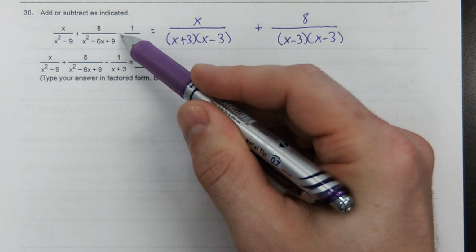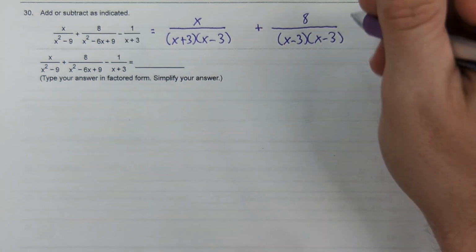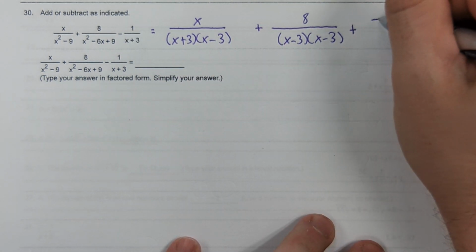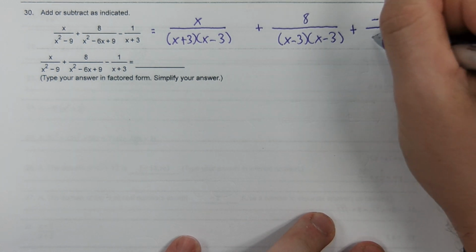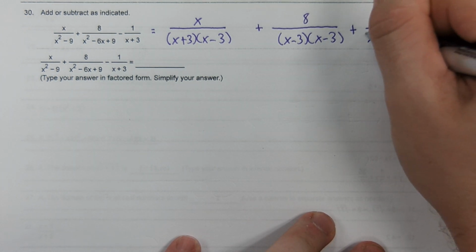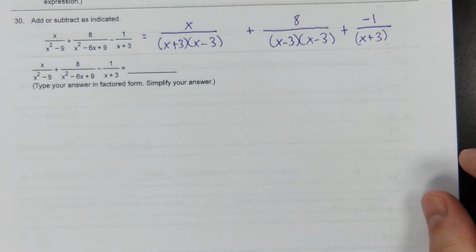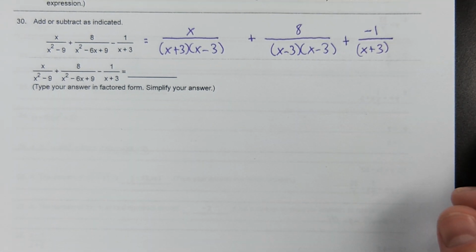Do yourself a favor. Don't let that say minus a fraction. Make it say plus a negative 1 over. And I just have an x plus 3 down there. And I'm going to go ahead and throw some parentheses on it. We cannot add fractions unless they have a common denominator.